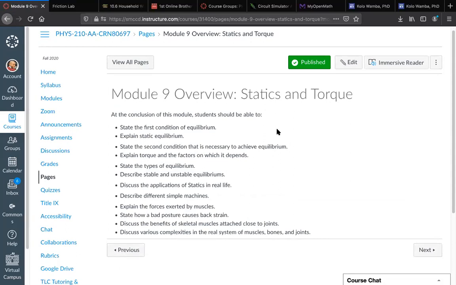All right. And so why is this important? This is important because if you can understand the static equilibrium of a system that you have constructed, then you can predict, is it going to collapse or is it going to remain stable?